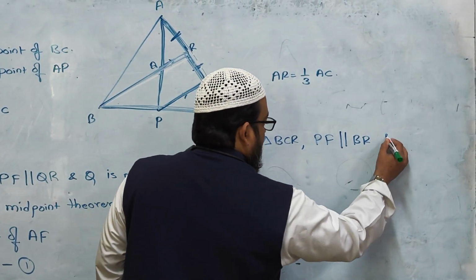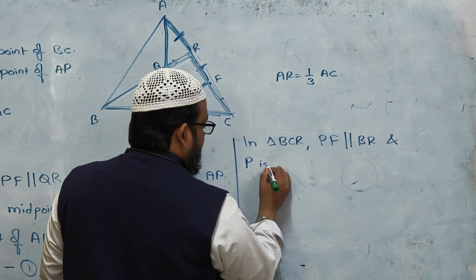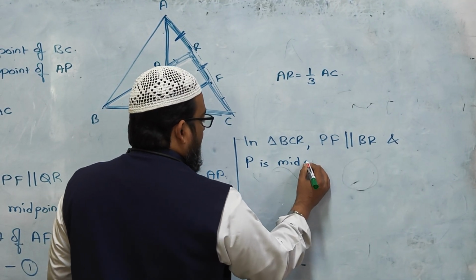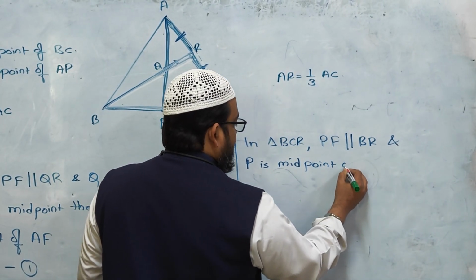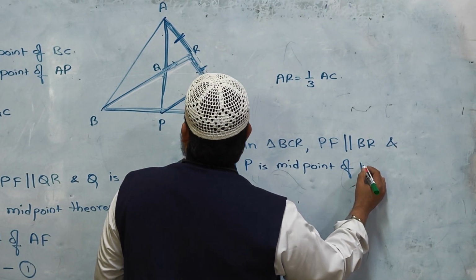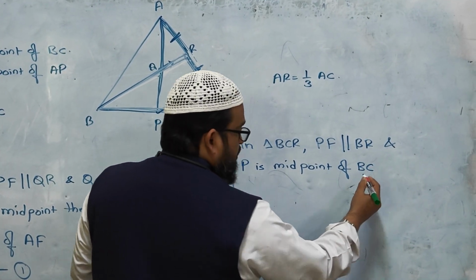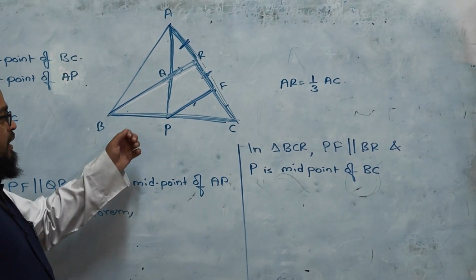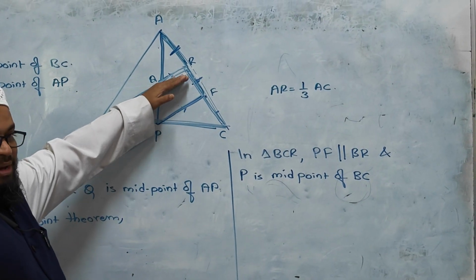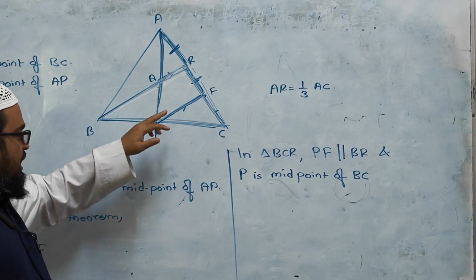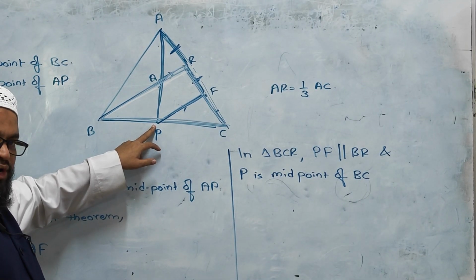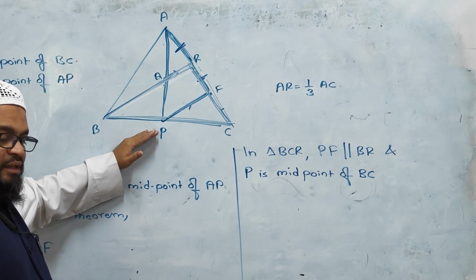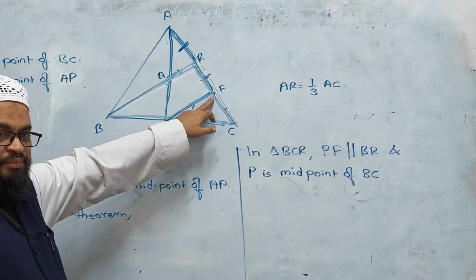And what is P? P is the midpoint of BC. So according to the converse of midpoint theorem, if a line is drawn parallel to one side and it passes through the midpoint of another side, then it bisects the third side.